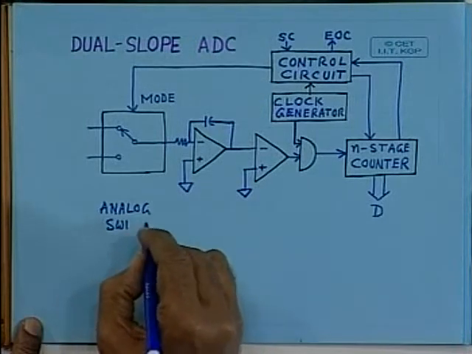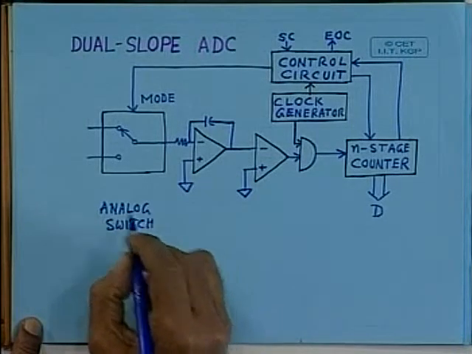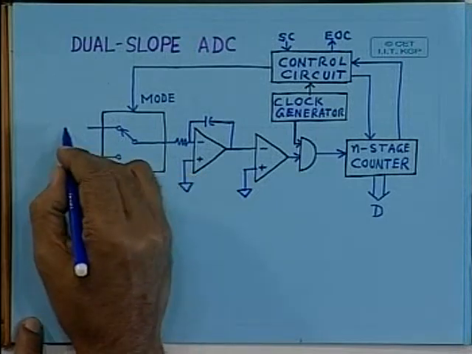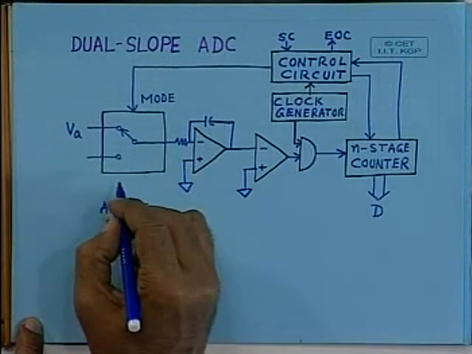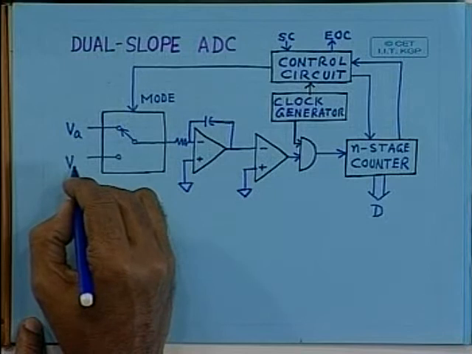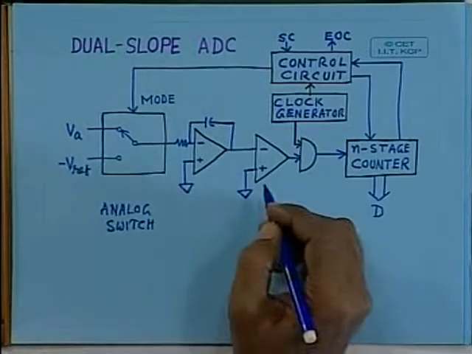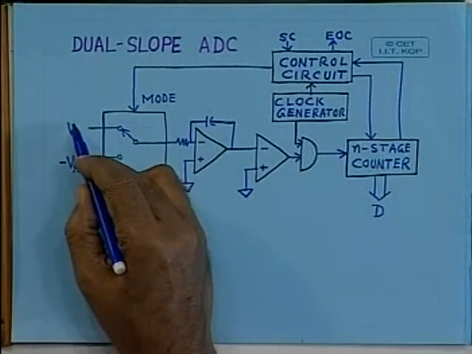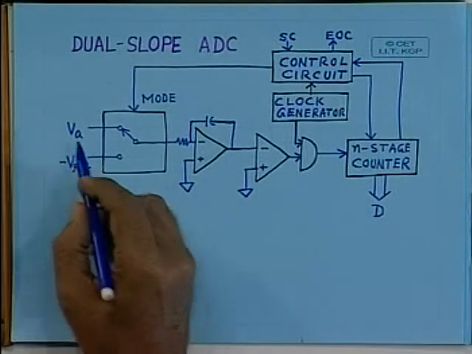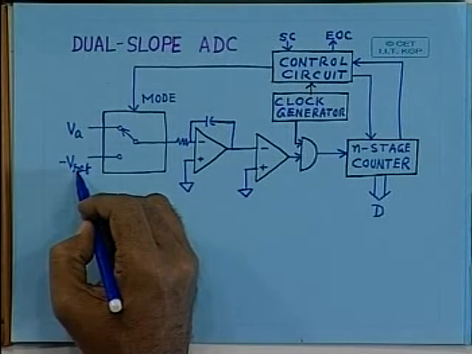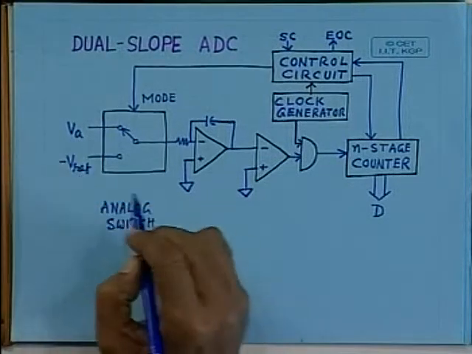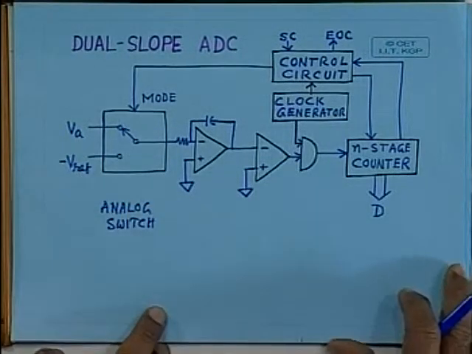The analog input VA is applied here, and you require a reference voltage Vref, which is of opposite polarity to that of the analog voltage VA. So if this is positive, this has to be negative, or if this is negative, this has to be positive. Why? It will be very clear very soon.